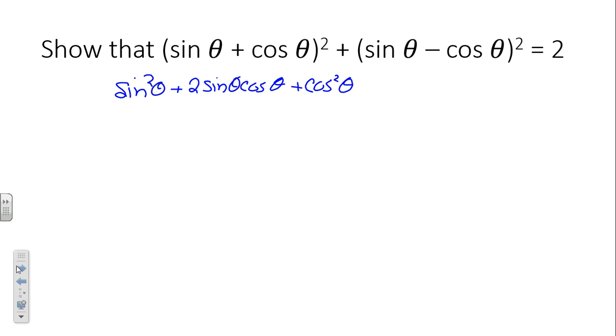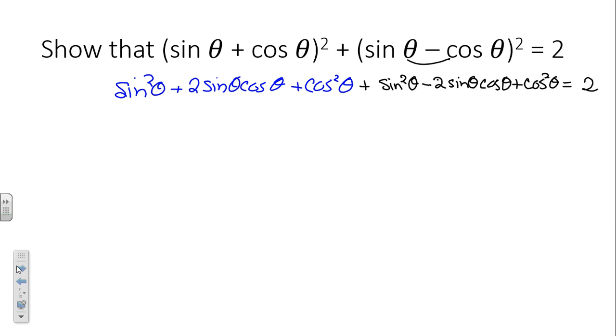Okay? I have to do the same thing to the second one, right? We're going to have to square it, so we're multiplying it by itself. Square the first, multiply these two together and double them. Square the last. When we square a negative, we get a positive. Let's combine some like terms.